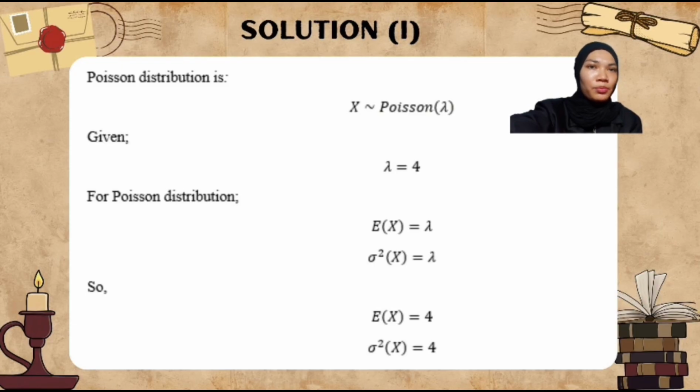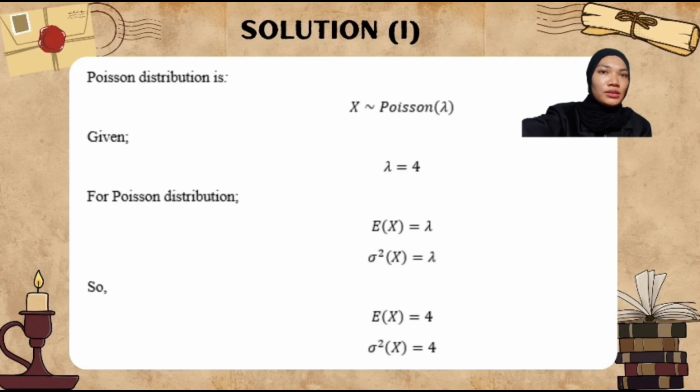One of the main properties of the Poisson distribution is that both the expected value and the variance are equal to lambda. Therefore, the expected value is 4, which means that on average, the trading firm is expected to receive 4 buy orders every millisecond. The variance is also 4, indicating that the variability of the order arrivals is equal to the average arrival rate.